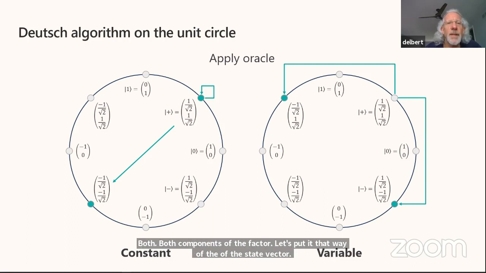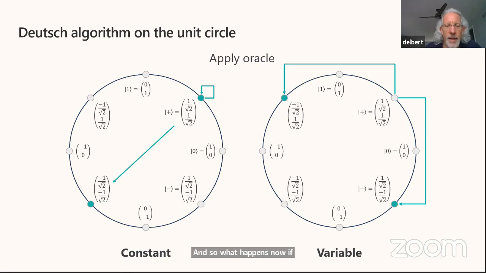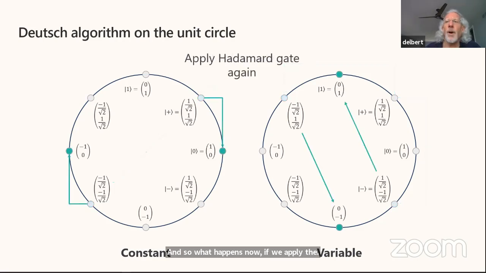And so what happens now, if we apply the Hadamard gate again, here we go. We've got the constant function ends up being the 0 state, right? The constant function, because the -1 there doesn't matter when we measure, because it just squares that.